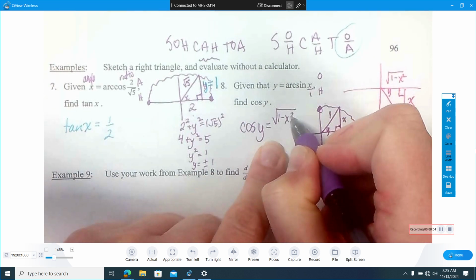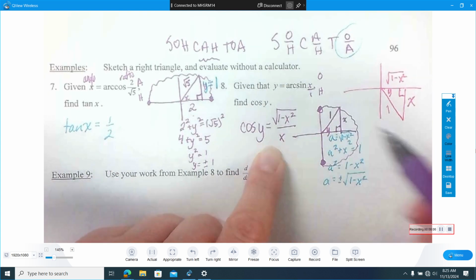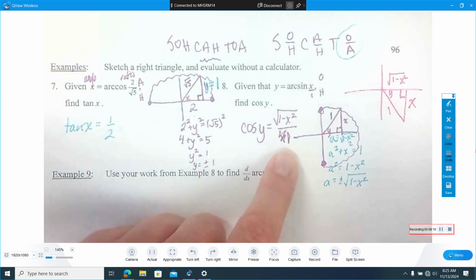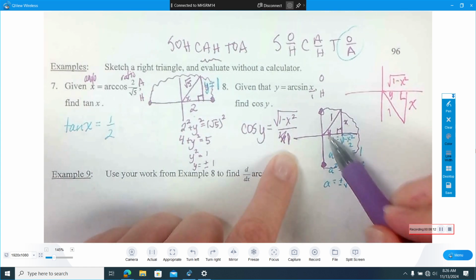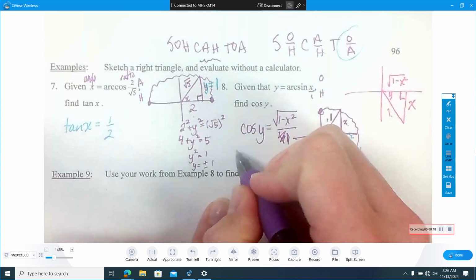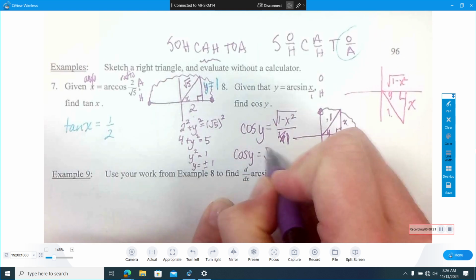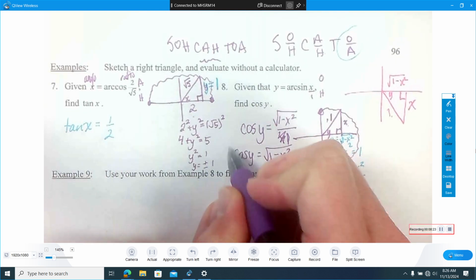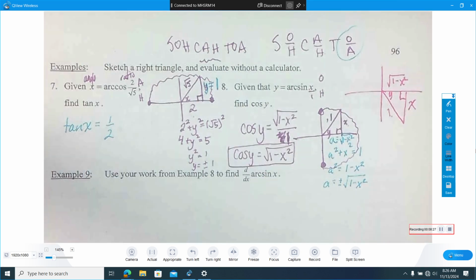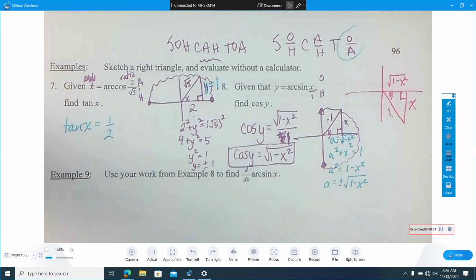Adjacent over hypotenuse, so cosine of my angle is just the square root of 1 minus x squared over 1. That's supposed to be a 1. There we go. So either way you do it, we get the same for the cosine, which is kind of interesting.